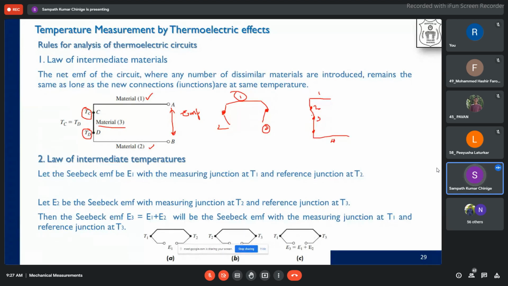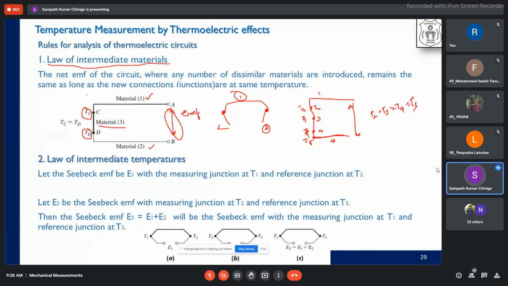If you measure the voltage, and if all the junction temperatures T2, T3, T4, T5 are equal, then no matter how many materials you join, there isn't any net EMF change. It will be the same. It will not create any extra EMF in the circuit. This is what we call the law of intermediate materials.